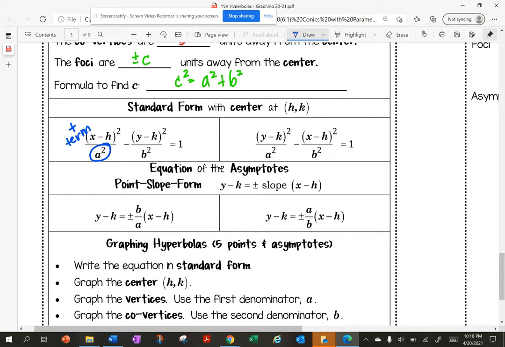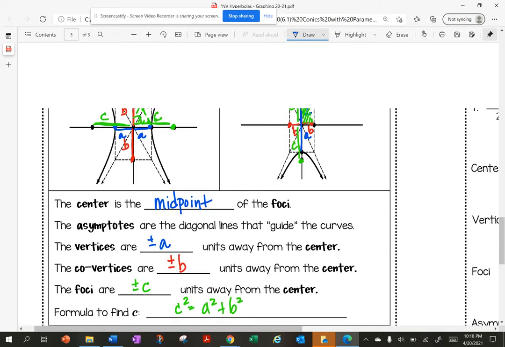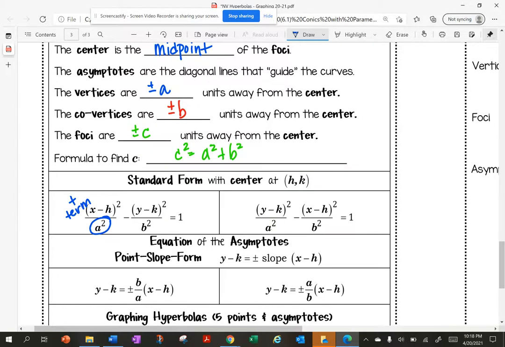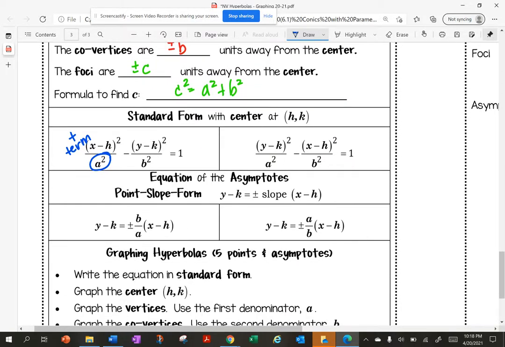So for a horizontal hyperbola, the plus term is the x term. So this is a horizontal hyperbola. And the plus term is under the y term for a vertical hyperbola.